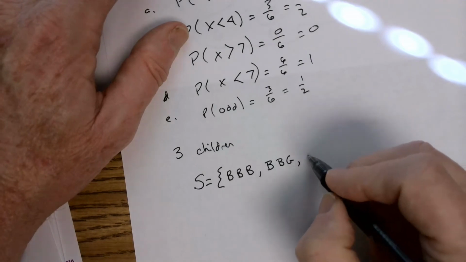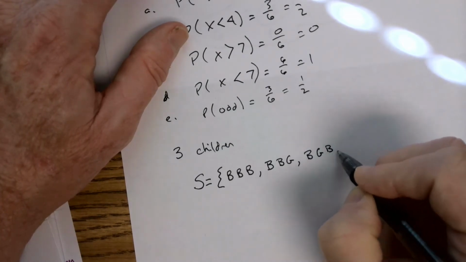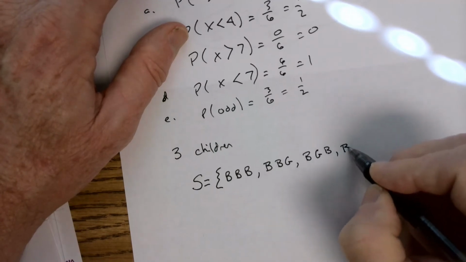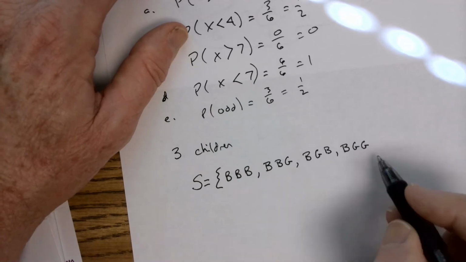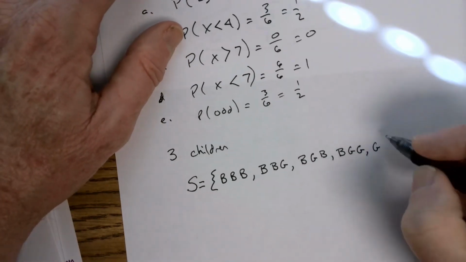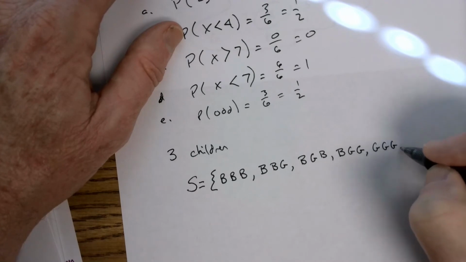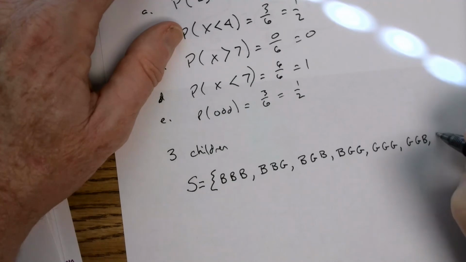The first one could be a boy, the second one could be a girl, and the third one could be a boy. The first one could be a boy, the second one could be a girl, the third one could be a girl. So those are all possibilities, right? The first one could be a girl, girl, girl, and then a girl, girl, boy, and then a girl, boy, girl, and then a girl, boy, boy.